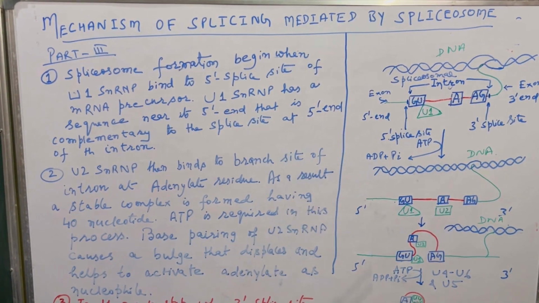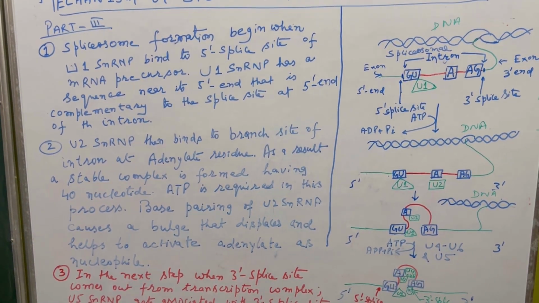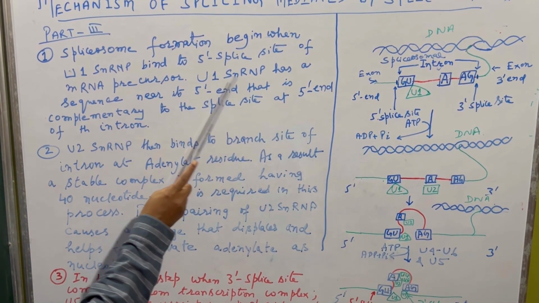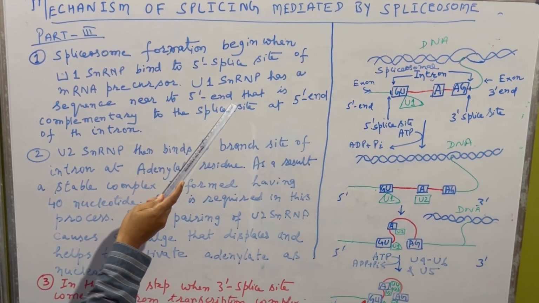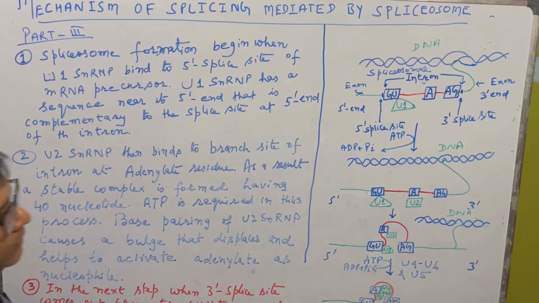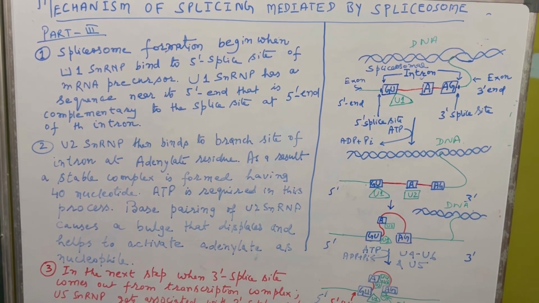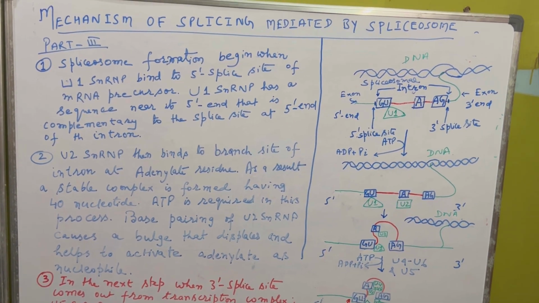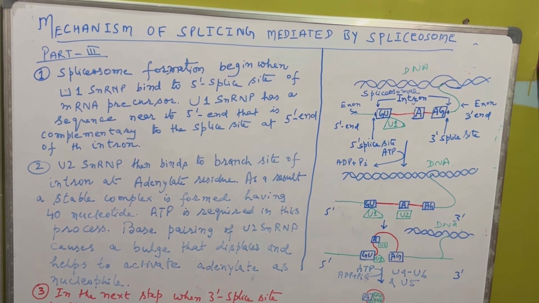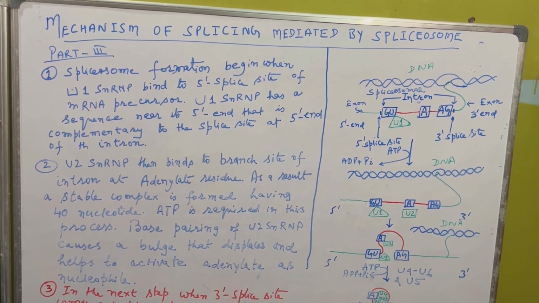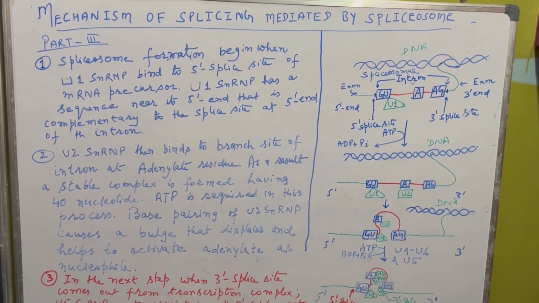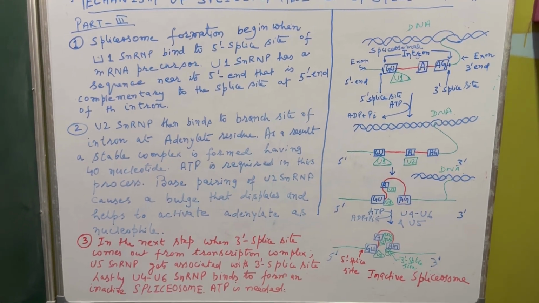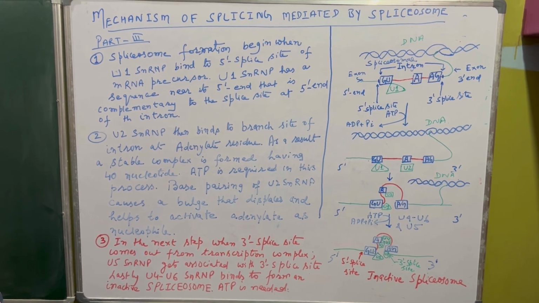For this binding, U1 snRNP has a sequence near its 5' end. When we say snRNPs, we are talking about snRNA associated with protein, and snRNA is a small nuclear RNA of 50 to 100 nucleotides in length.